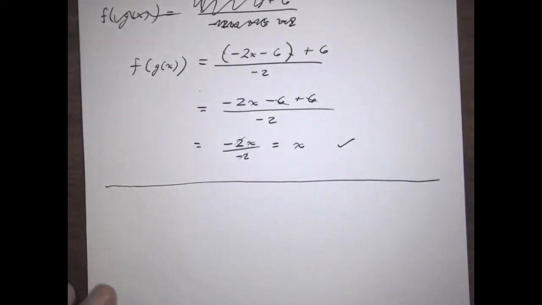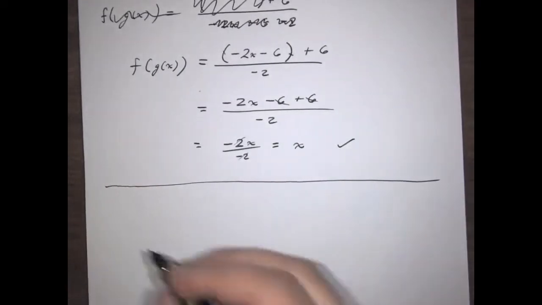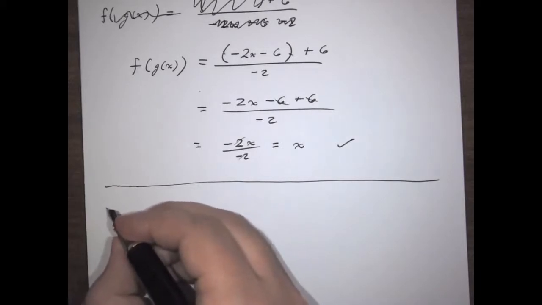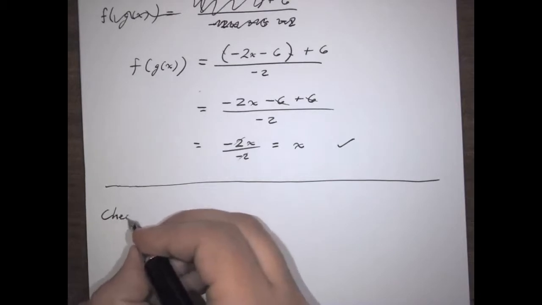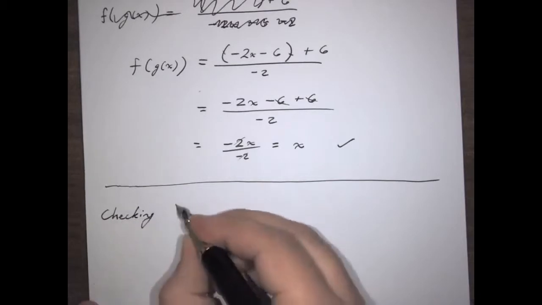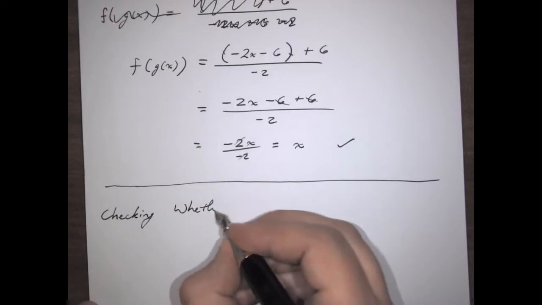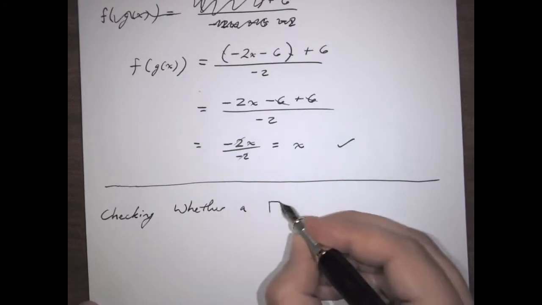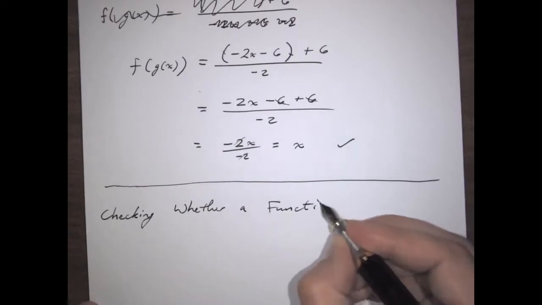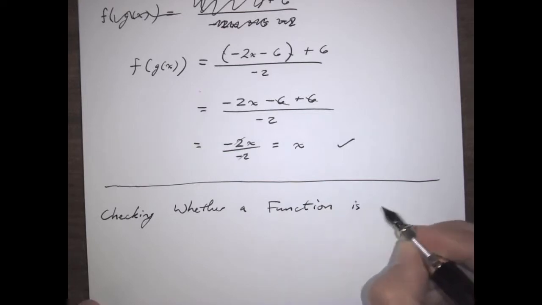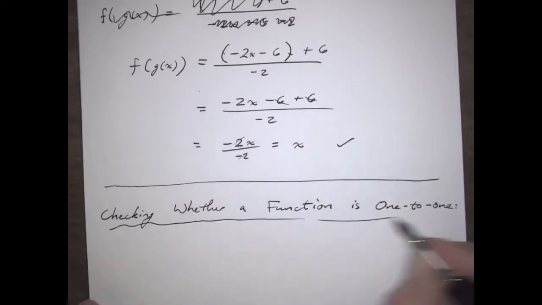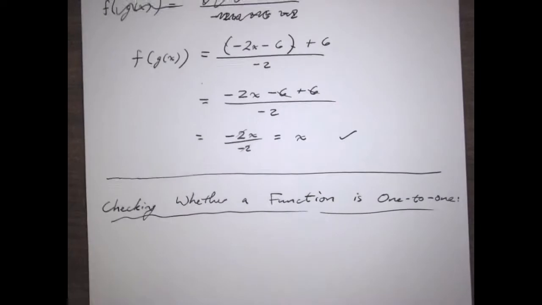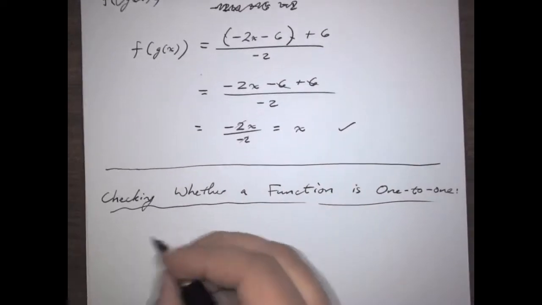Alright. Now, if you want to check whether a function is one-to-one, what you just need to do is produce a graph of it by any means, including just using Desmos.